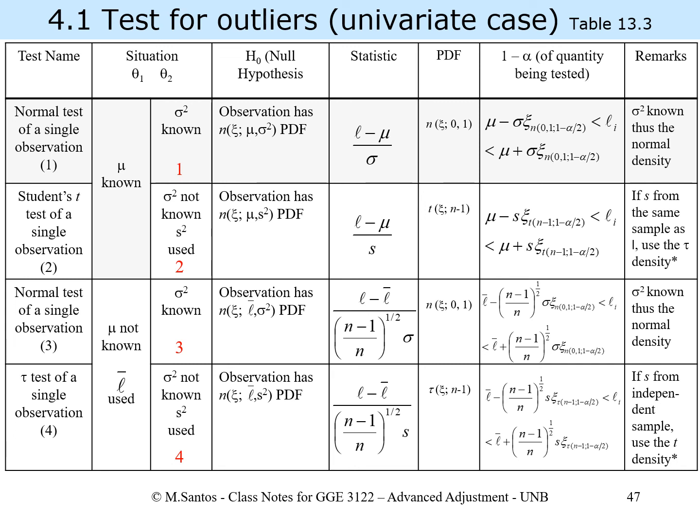The second and third columns are subdivided. They show the situation as far as the knowledge of the population parameters are concerned.